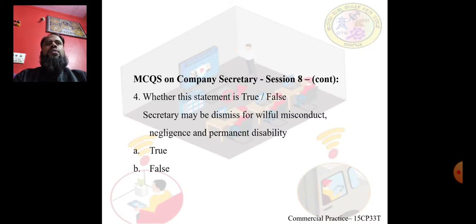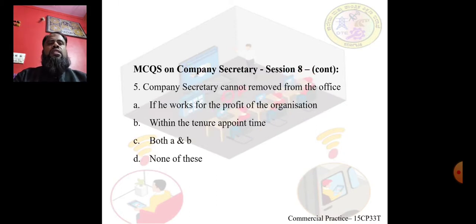The next question is, company secretary cannot be removed from the office: option A, if he works for the profit of the organization; option B, within the tenure of appointment time; option C, both A and B; option D, none of these.